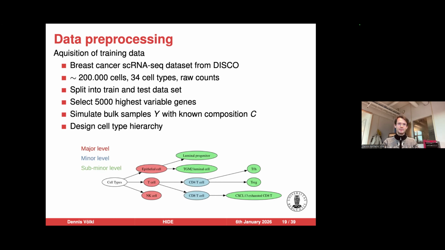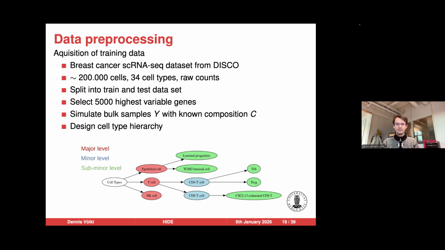As a last step of data pre-processing, we simulated bulk samples with a known cellular composition, which was done by randomly picking 100 cells and adding them up, and doing this for 10,000 sample bulks. We also did it with the test single cell data to have test samples.